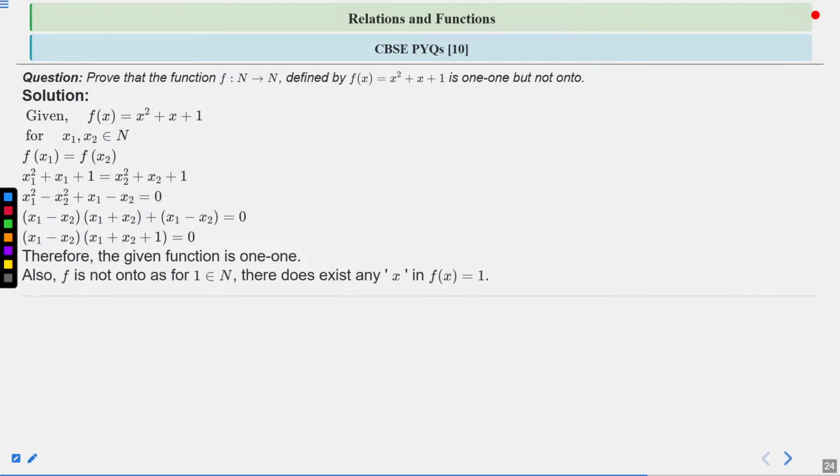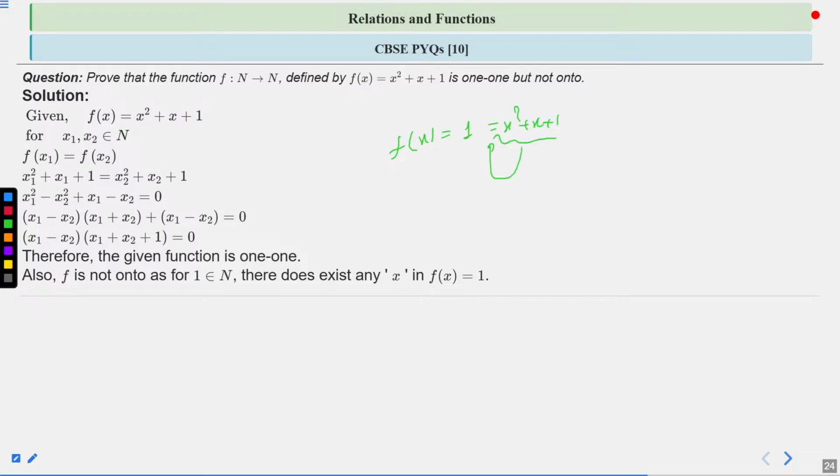Also, f is not an onto function, as for 1 belonging to the natural numbers, there does not exist any x. Suppose we write f(x) = 1, that is x² + x + 1 = 1. Can there be any natural number which we put in place of x so that we get 1?